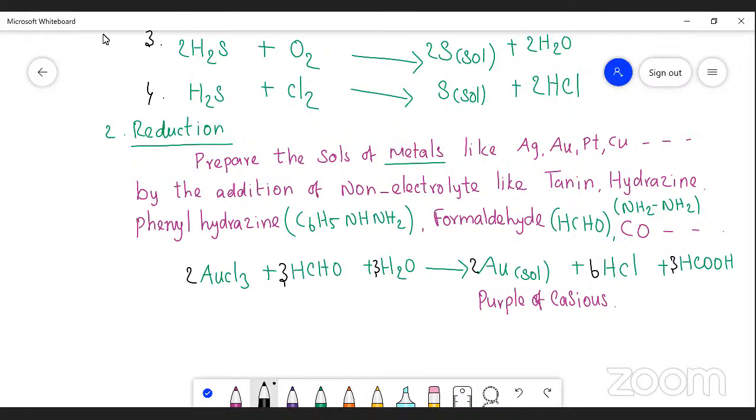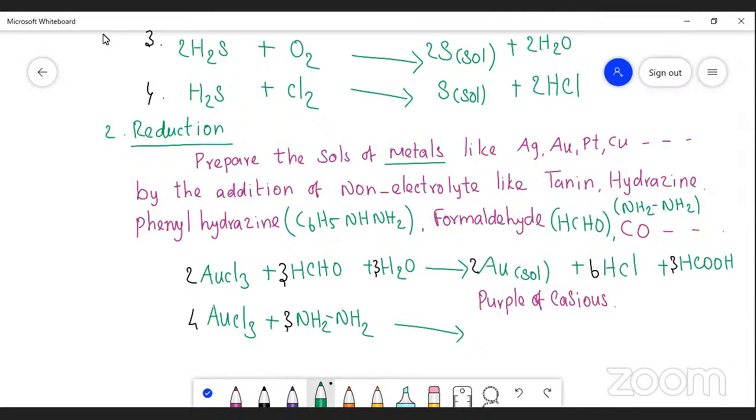By treating 4 molecules of AuCl3 with hydrazine, NH2-NH2, 3 molecules of hydrazine, we get the gold salt and nitrogen.